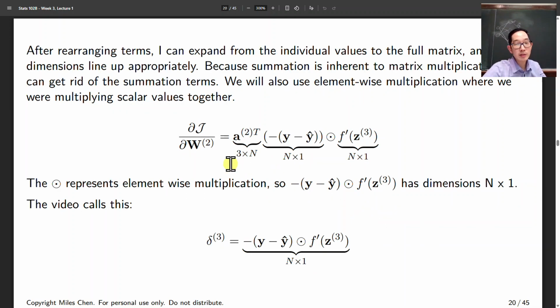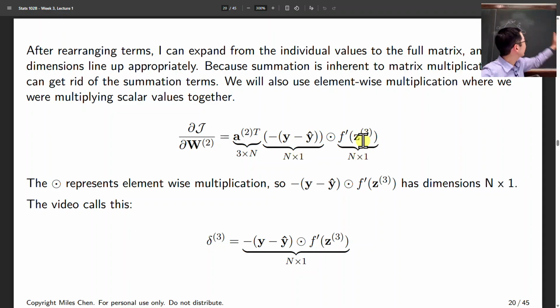Now that I've rearranged my terms, let's go back and use the entire matrix with n rows. The entire A matrix is 3 by n. I have the entire vector of residuals, which is n by 1.